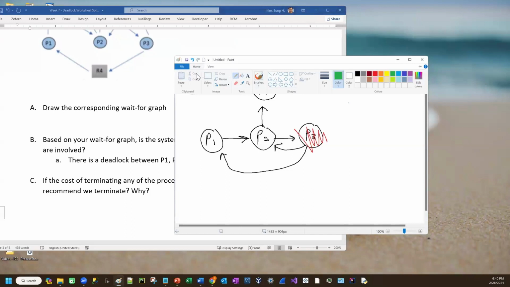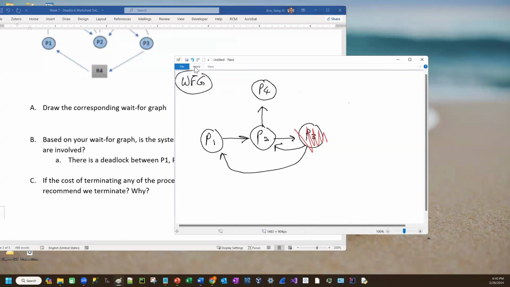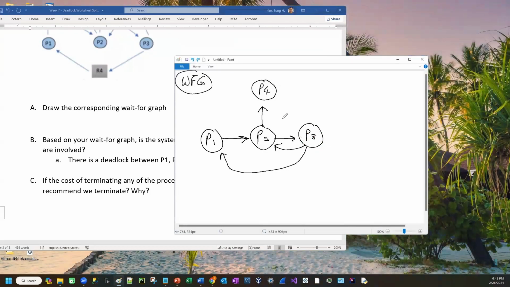So let's see if we can get rid of this one. Instead of getting rid of this one, if we get rid of this one right here, then we have this one.